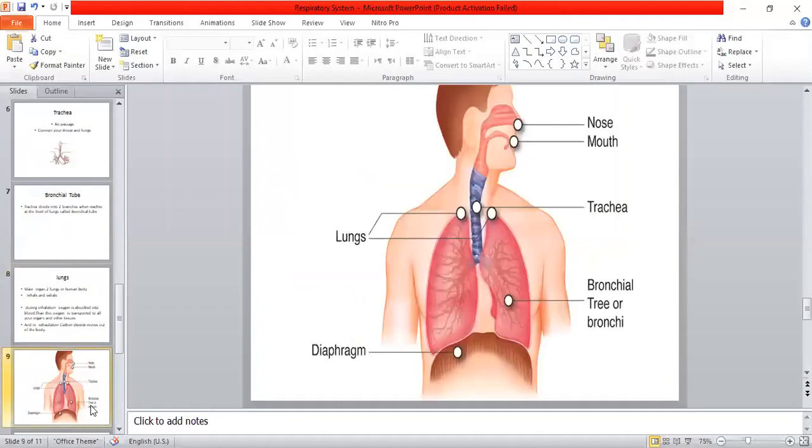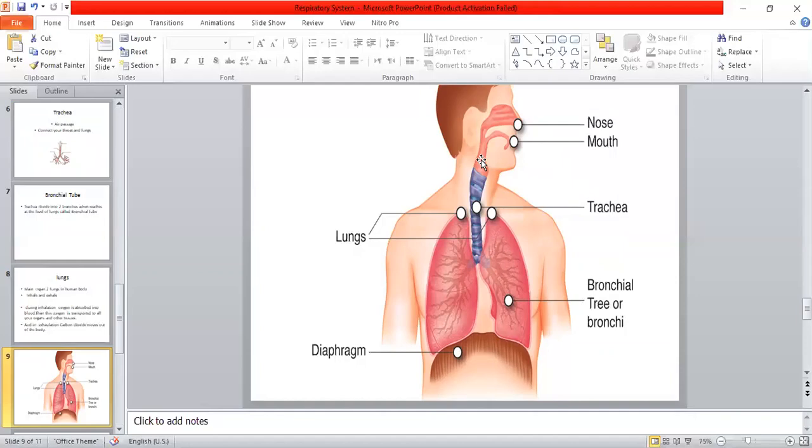Here I show you the complete picture of the respiratory system. First of all, the two external organs are the nose and mouth. From the nose and mouth, air enters inside. Here in the throat, this tube is called the pharynx.